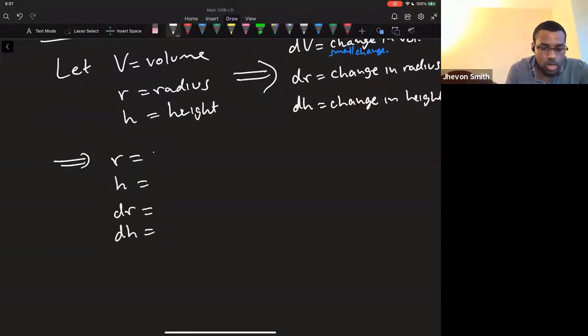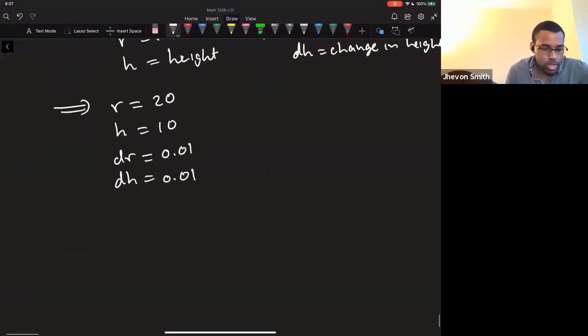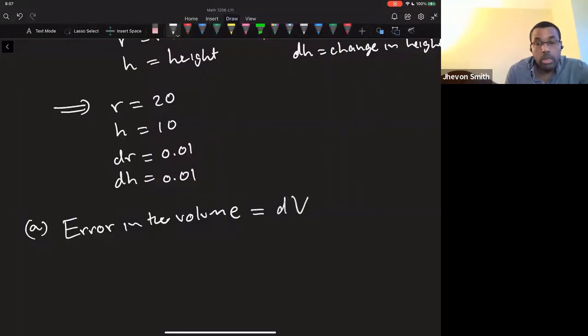R is supposed to be 20, H is supposed to be 10, but they each have a possible error of 0.01. And so the error in the volume would be dv.